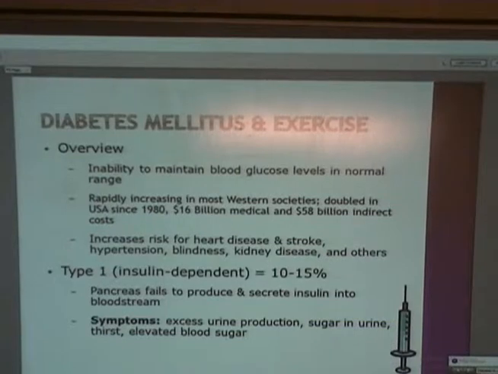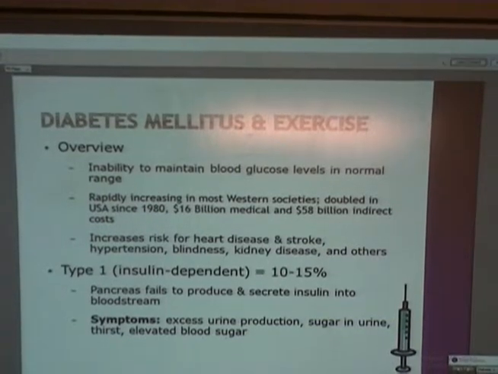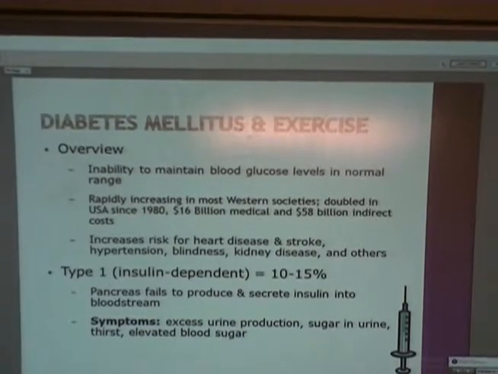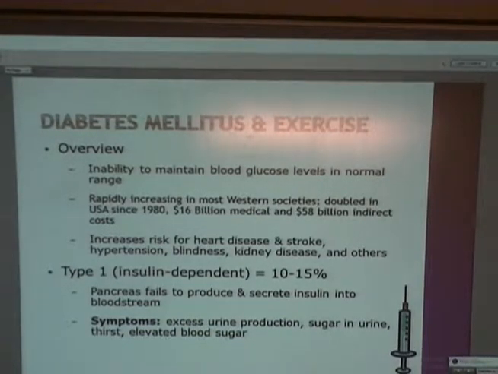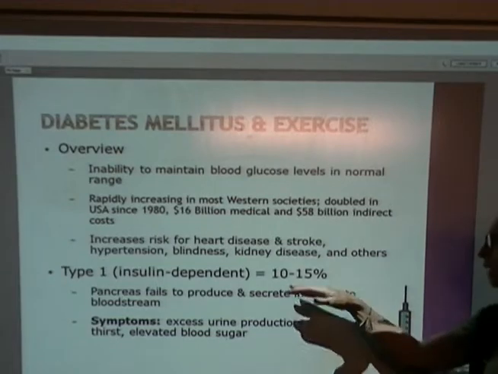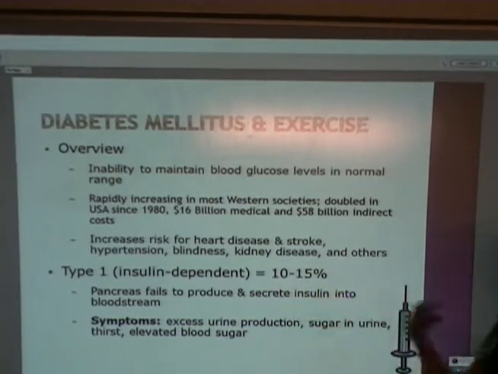Type 1 diabetes is also called insulin dependent diabetes. Only about 10 to 15% of the people who are diabetic are type 1. Type 1 is genetically determined, okay? And what happens in type 1 is that the beta cells on your pancreas are not working correctly.